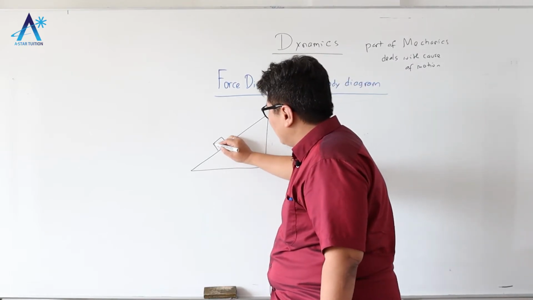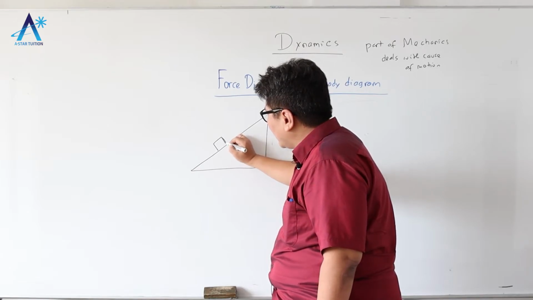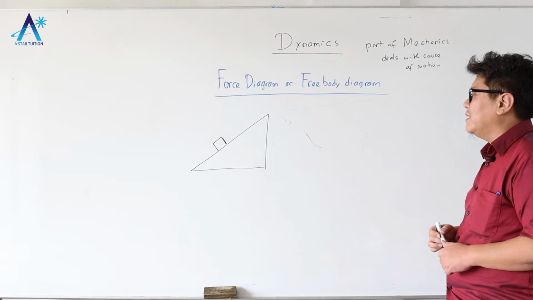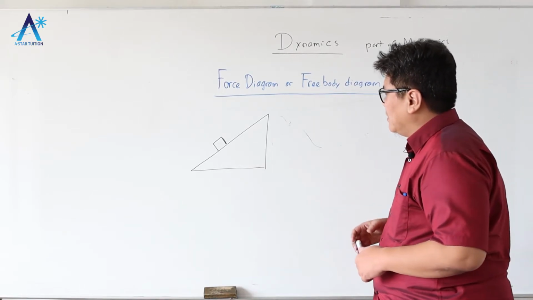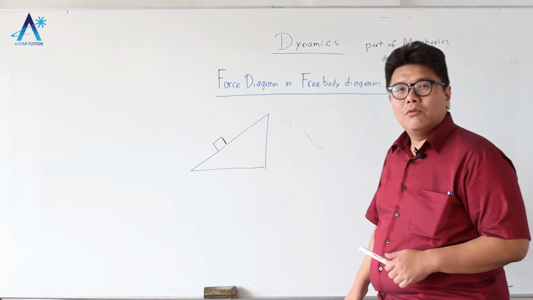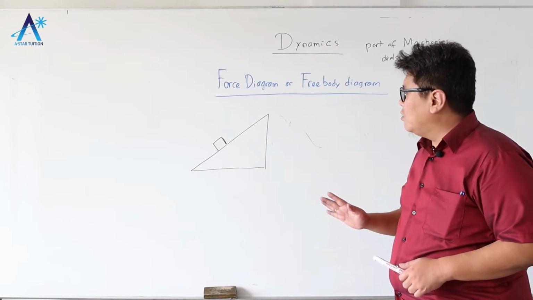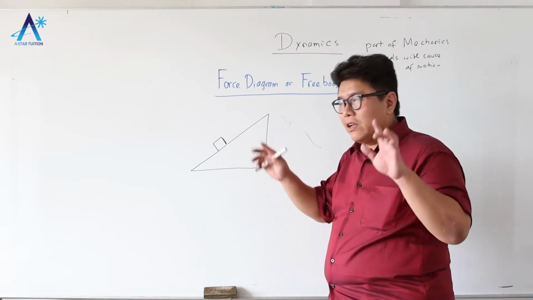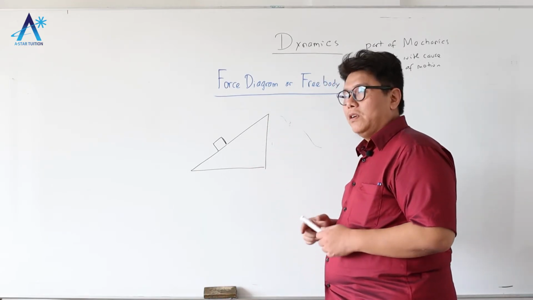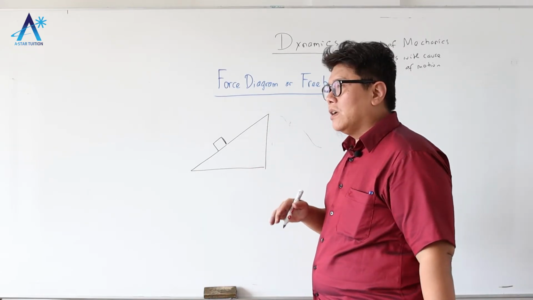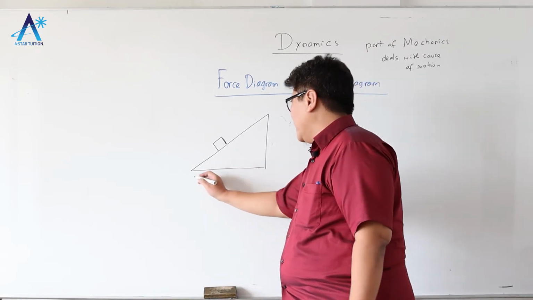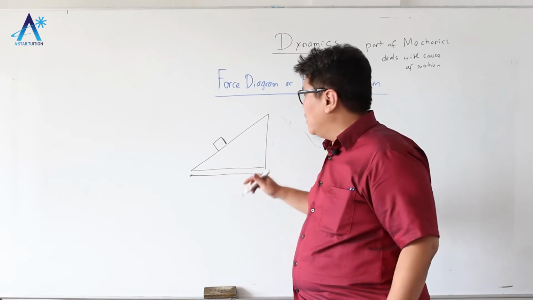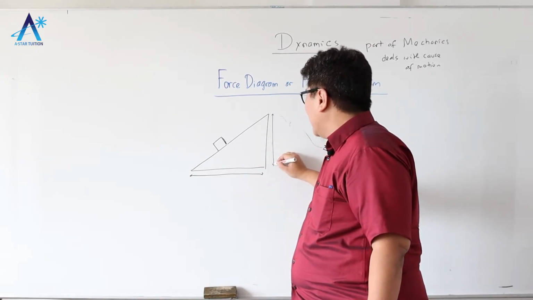In the case of an object on an inclined plane, there is a slightly different way to deal with it, which is we do not resolve it in the direction of the regular horizontal or vertical. Now remember, the regular horizontal is this, sideways, and the regular vertical is this, up and down.